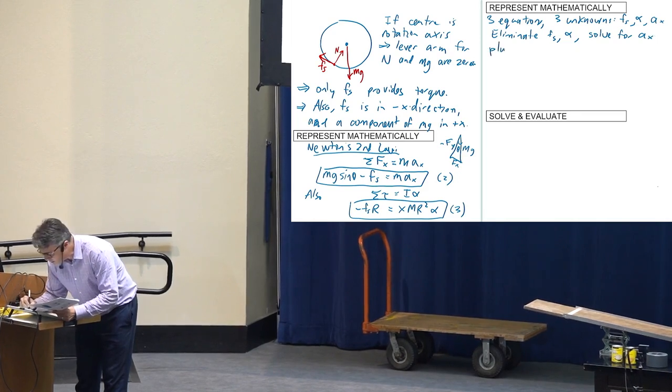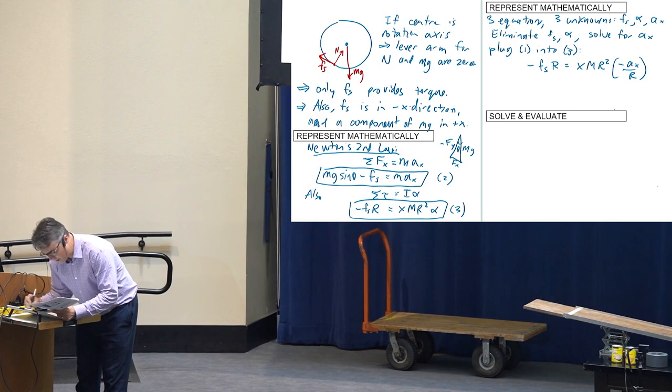So first let's plug 1 into 3. I got negative fs r is equal to x m r squared times negative a sub x divided by r. And then I think I can divide both sides by r. So this r squared and this r go away.